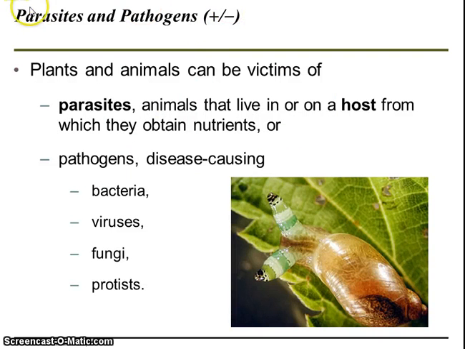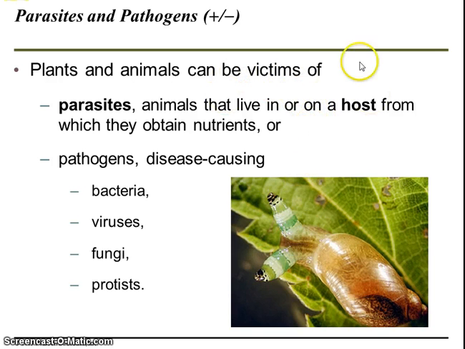Another positive negative is parasites and pathogens. So parasites are animals that live on or in a host. So the host, like we're the host for a hookworm. This snail is the host for a parasitic worm. I showed a video, a little bit of this snail, and showing how the parasite alters its behavior so that it goes up on a leaf so that a bird eats it.